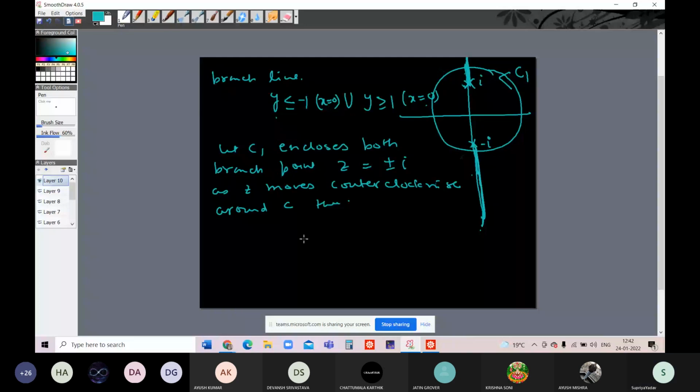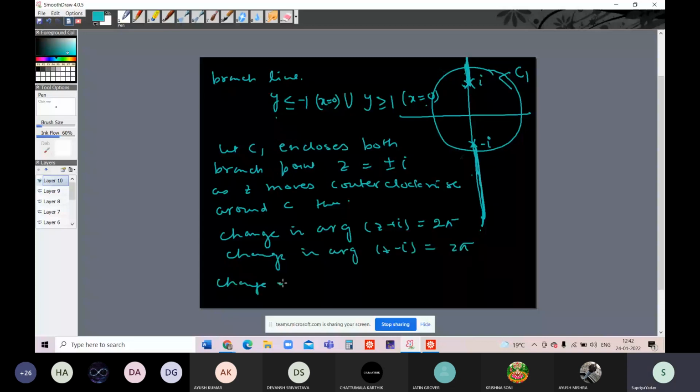the change in argument of z plus i will be 2 pi, and the change in argument of z minus i will also be 2 pi. So finally, the change in argument of W will be 1 by 2 times the change in z plus i, which is 2 pi, plus 1 by 2 times the change in z minus i, which is also 2 pi.